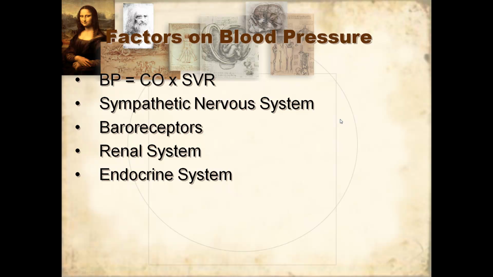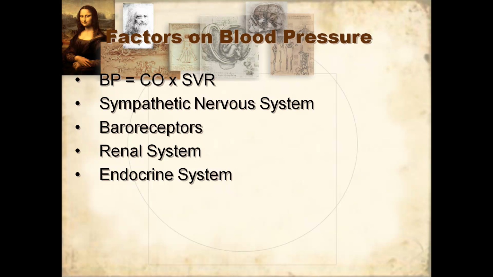So factors on blood pressure. Don't forget from your anatomy and physiology, especially physiology class and probably patho, your blood pressure equals your cardiac output times your SVR. So there you have it. If those are increasing, for example, your SVR increases, that's going to increase your blood pressure.